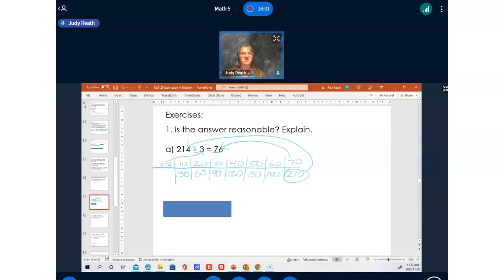Notice how the answer here, 76, is a little bit more than 70. And this number, 214, is a little bit more than 210. So because they're both a little bit more, then we can say that our answer is reasonable.